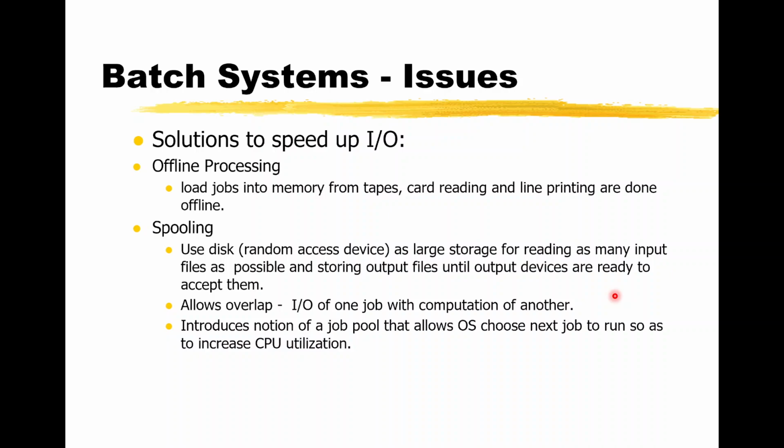So you have jobs coming in as the disk is being read, execution being done, and then the output is being printed out. So now you could have an input job and an output job going on at the same time. That was the beauty of it. While one is processing, the other one is printing, and you have overlaps.